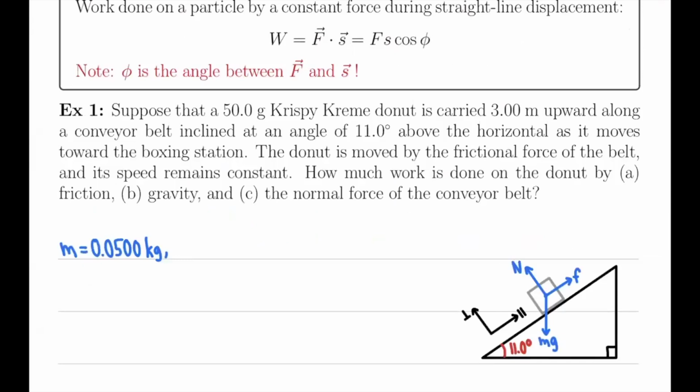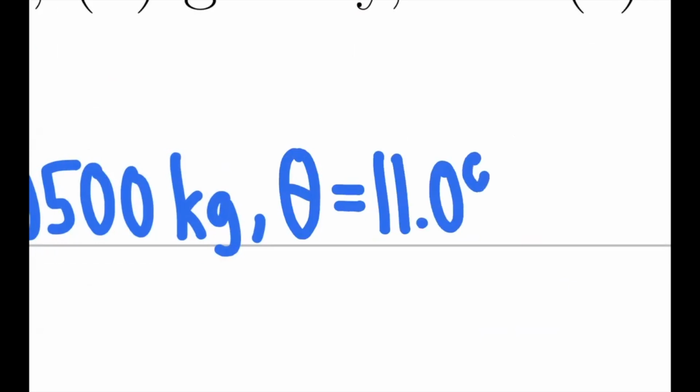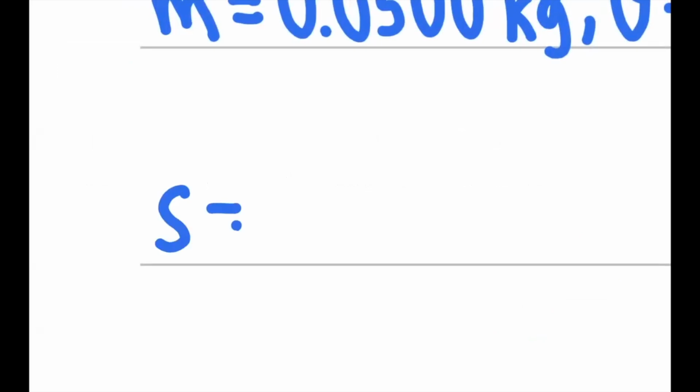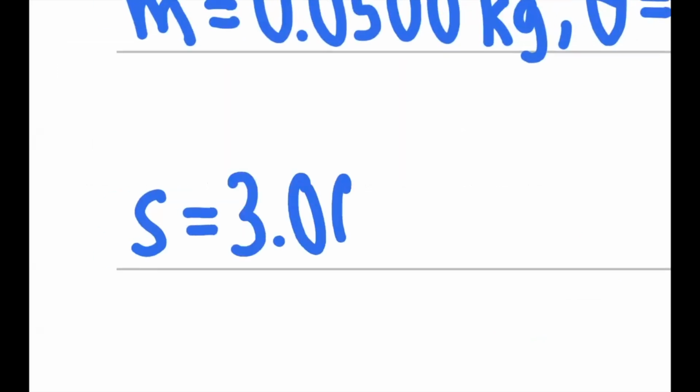We also know the angle is 11 degrees, so I'm going to call that theta is 11 degrees. We also know that the donut is carried 3 meters upwards. The length of this conveyor belt is 3 meters, so that's the displacement basically. That's s, the magnitude of displacement. So s is 3 meters.